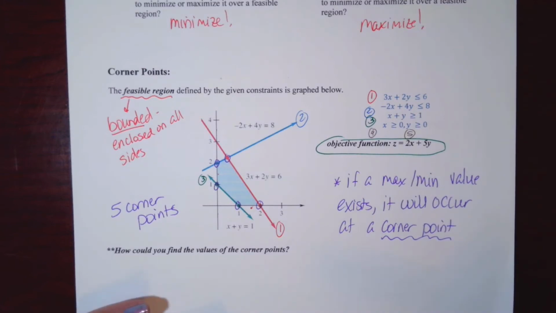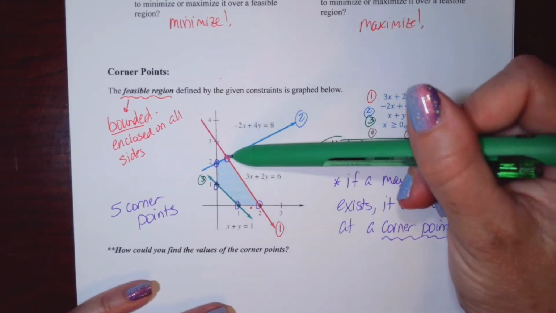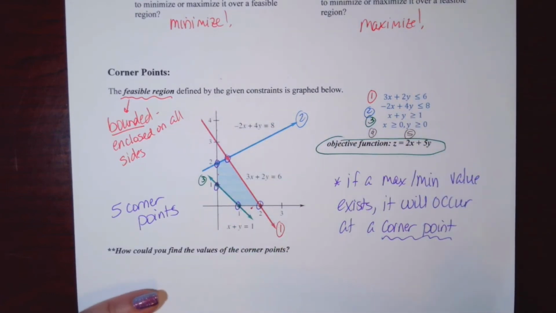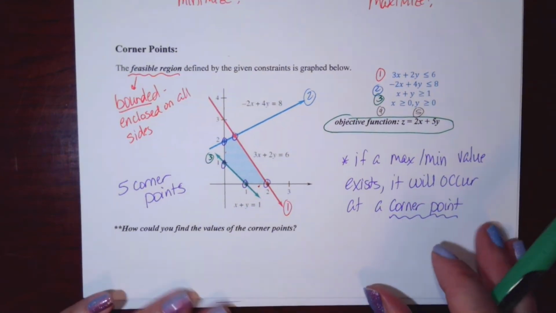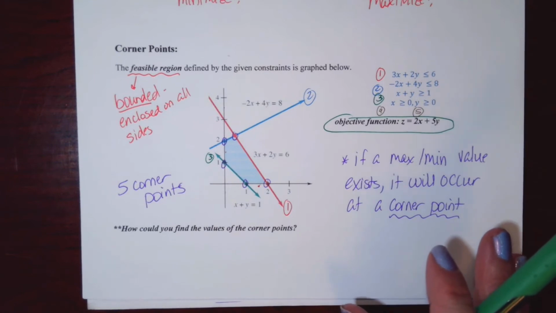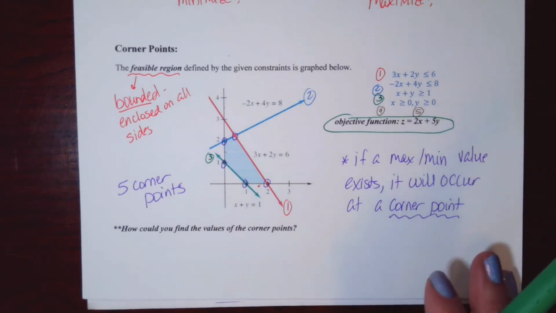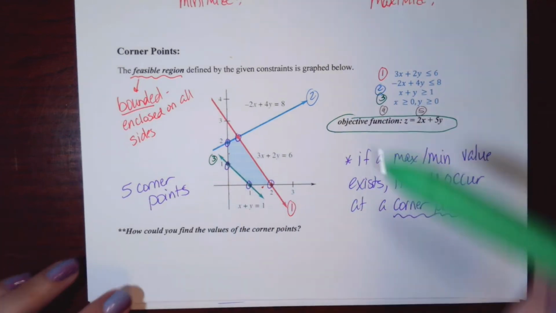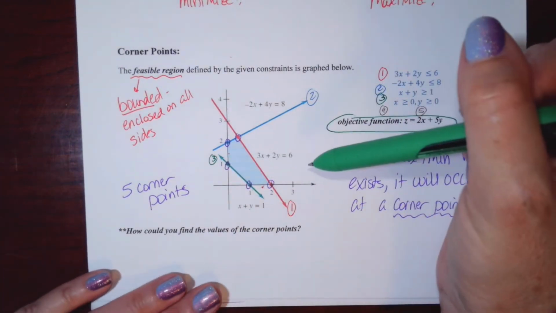Now, don't make the mistake of just assuming, oh look, this one's high, this is maximum. Oh look, this one's low, this is minimum. Some of that is logical, but you cannot be assured on every problem that you can look and predict. So I'm going to ask you to find the function values at each corner point a lot. Now some of these corner points are easy.